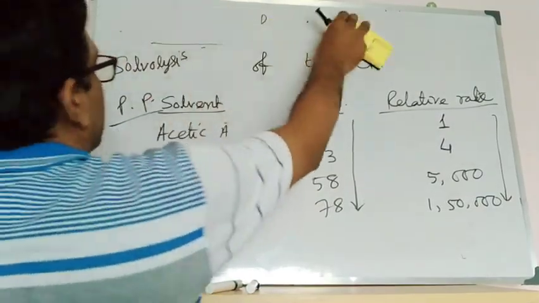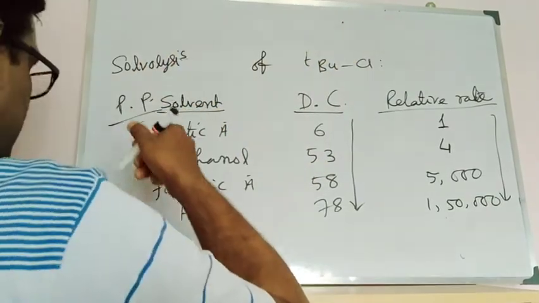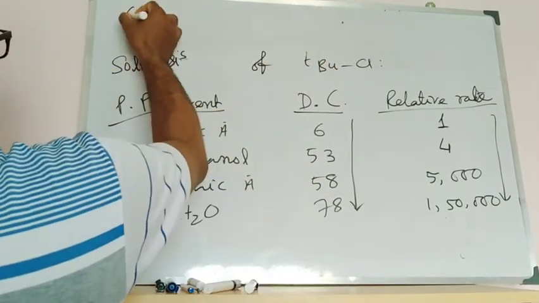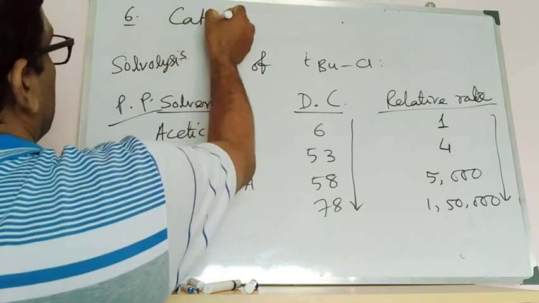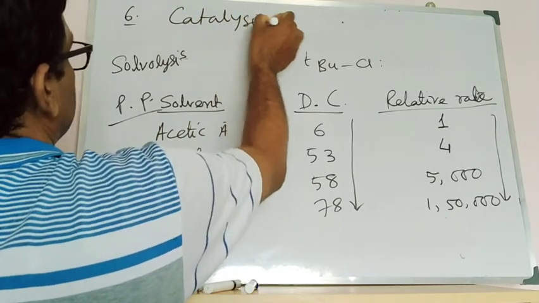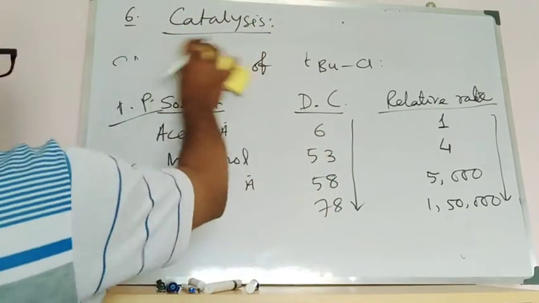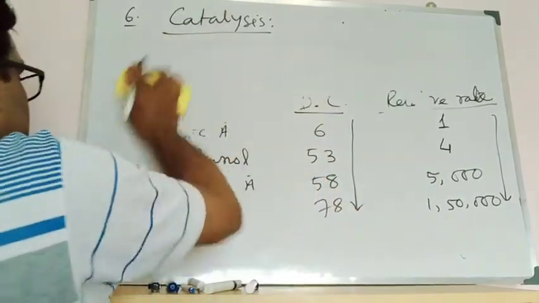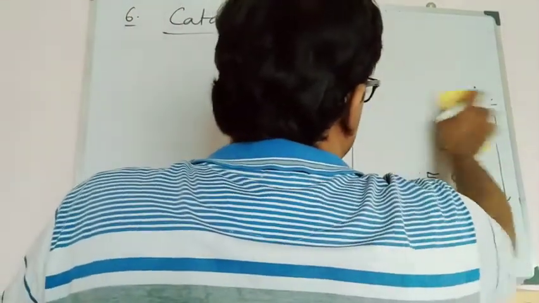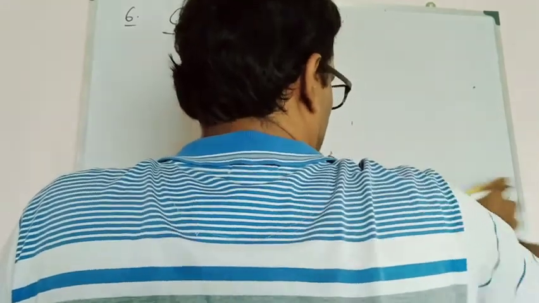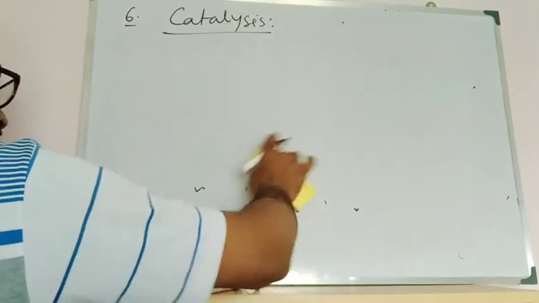Okay, next we come to number 6, that is catalysis of the SN1 reaction. Why the catalysis is necessary, and which one acts as the catalyst, will be discussed.